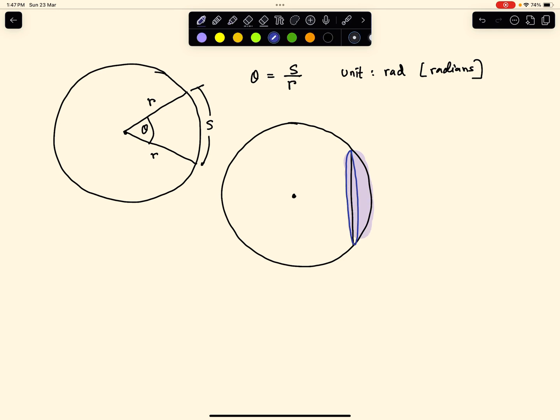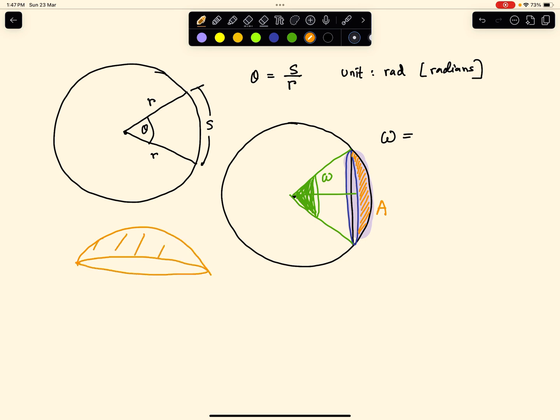This three-dimensional angle subtended at the center, call it omega. This omega is known as the solid angle. So the solid angle is defined using this area A, the area of this part of the sphere. So the solid angle is A by the square of the radius, R square.